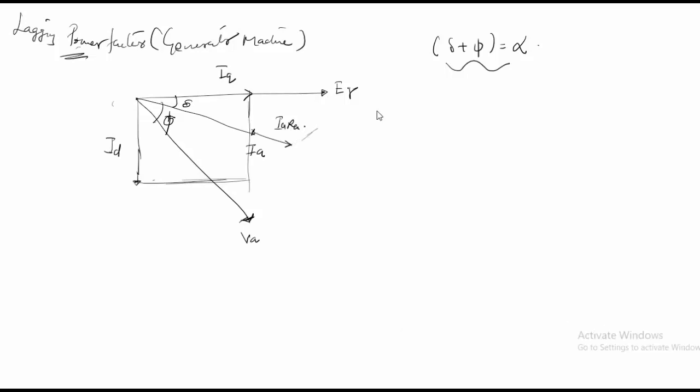If I'm drawing a perpendicular component, the IdXd component, and what will be this is my IqXq, because it will be at an angle, making an angle like this.